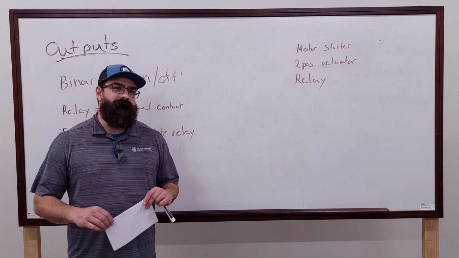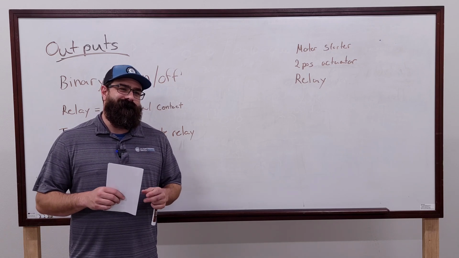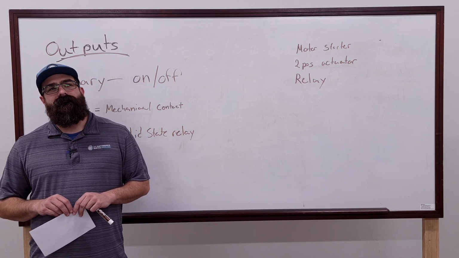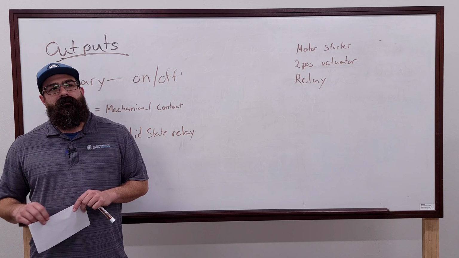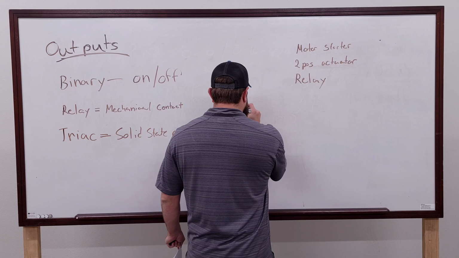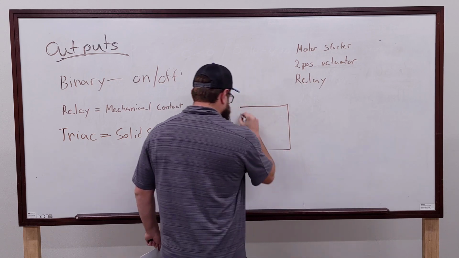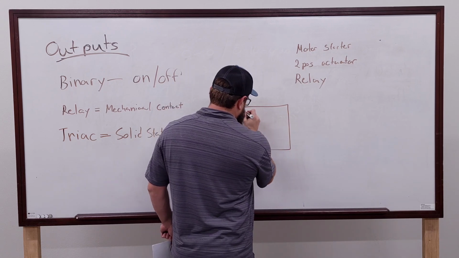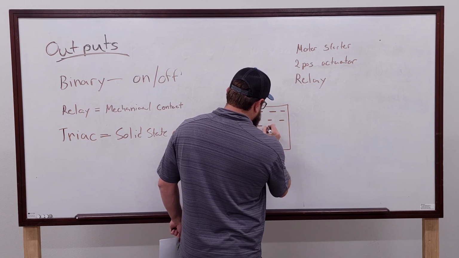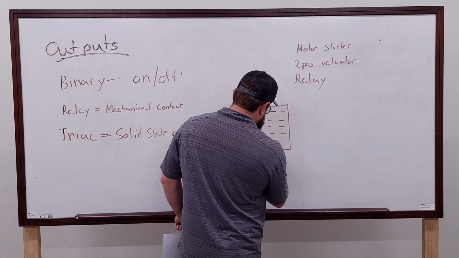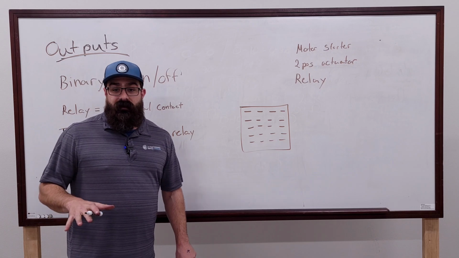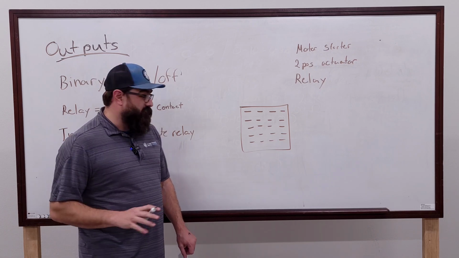Think of it like, what's the best way to explain a Triac? If you've got a box, and let's say all of your atoms are going this way. This is a really dumbed down expression of how this works.